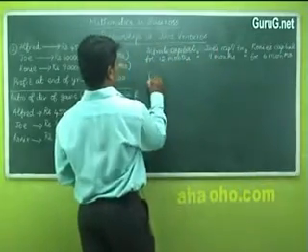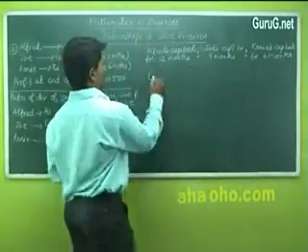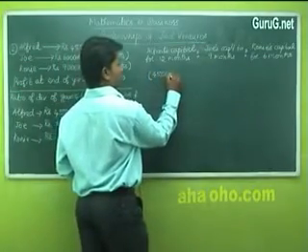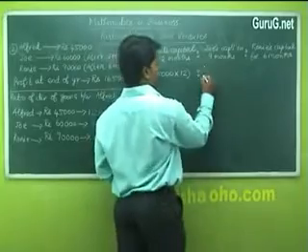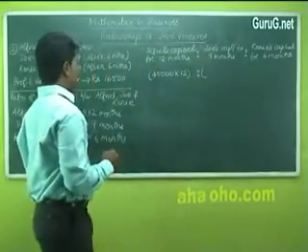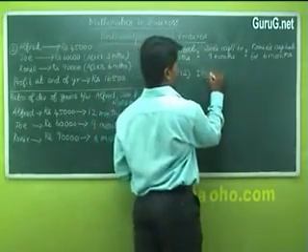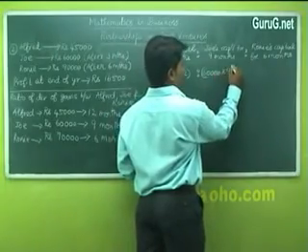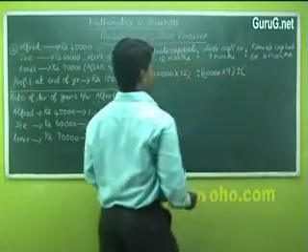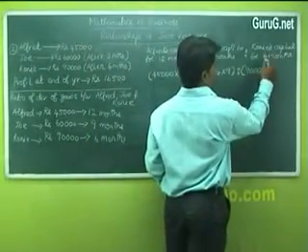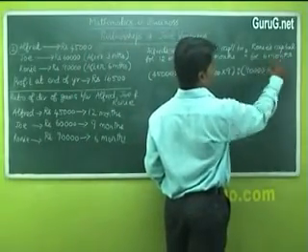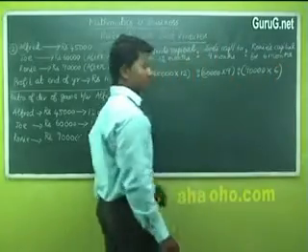Therefore, Alfred's capital for 12 months, 45,000 into 12, is to 60,000 into 9, and 90,000, Ronnie's capital, into 6.